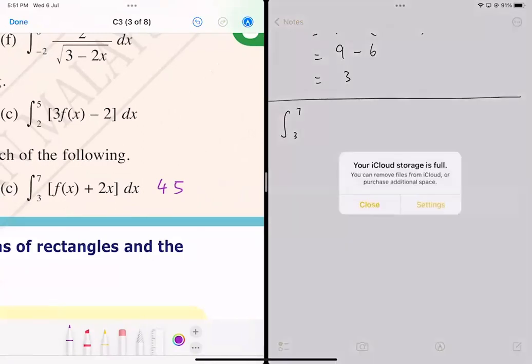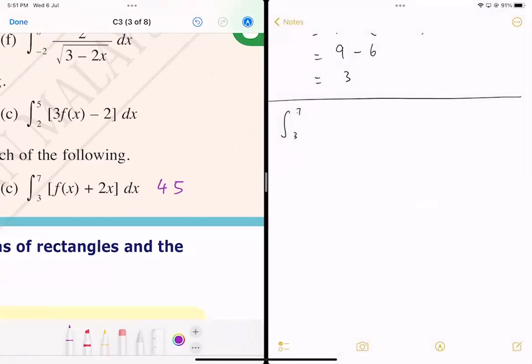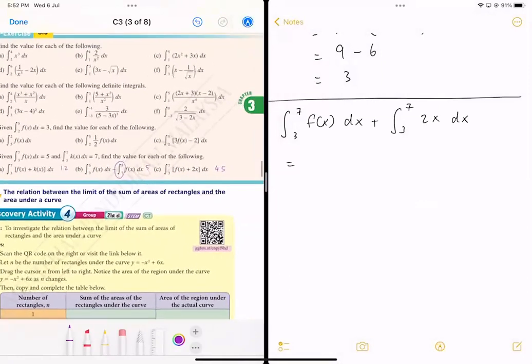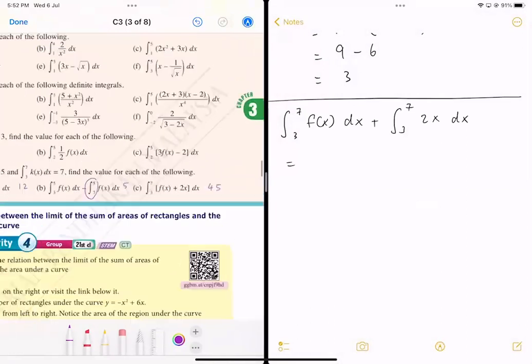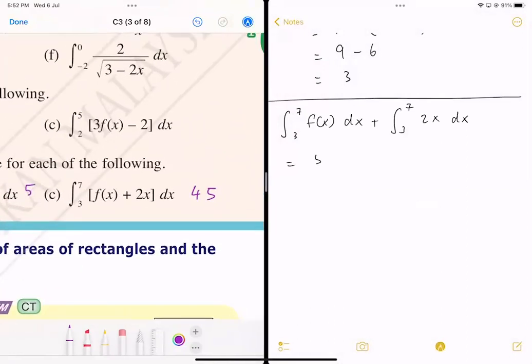Integration 2 to 7 of f(x) dx. I'm going to just separate it out. 2 to 7 plus 2x dx. 2 to 7 is what now? 5. So here is 5. Here will be 2x squared over 2, so it's x squared, 3 to 7.